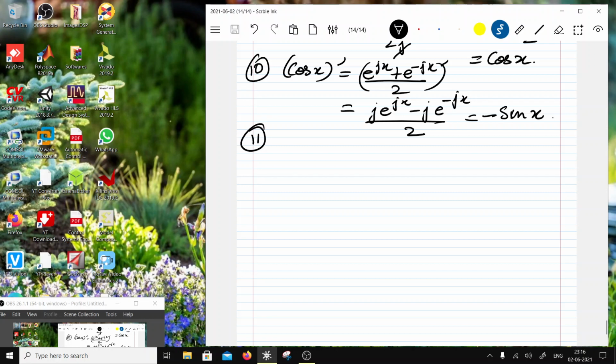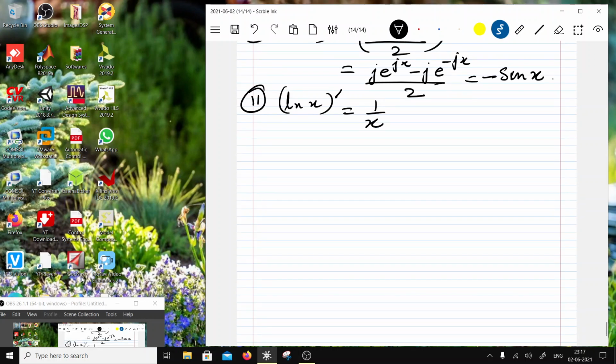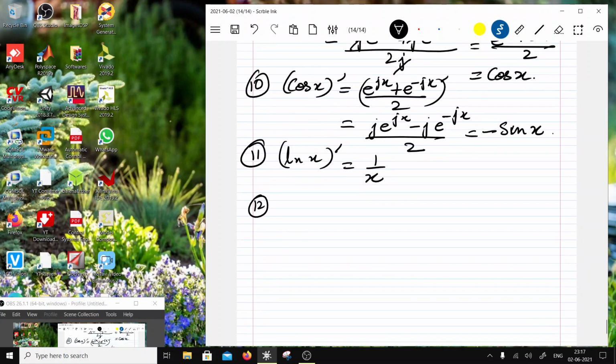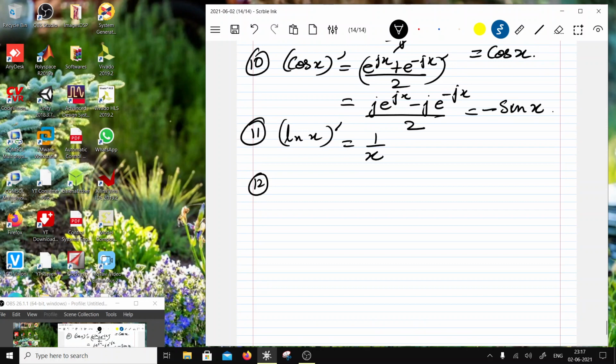So if I have ln x, the derivative is going to be 1 by x, right? Then 12 I can have. Now let's look at tan of x derivative.